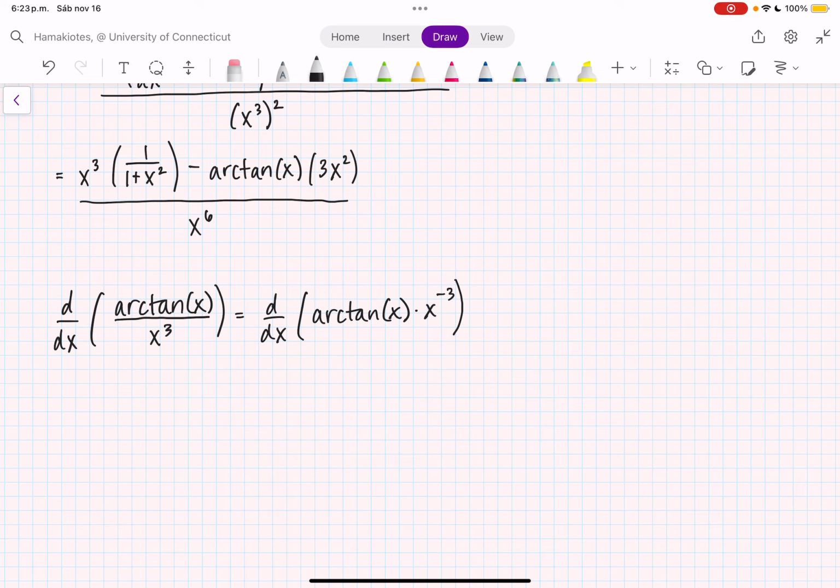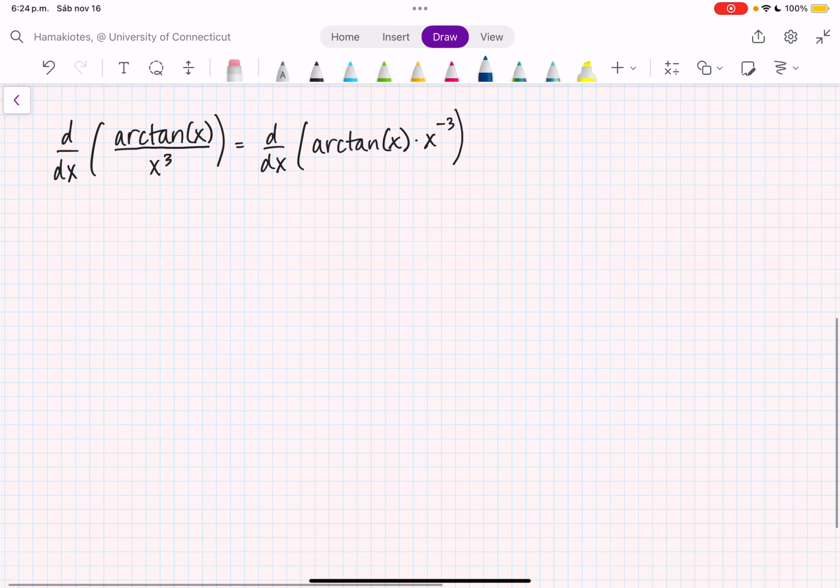Now, if you're doing an exam or something and you feel more comfortable using the product rule, then you can solve the problem using this method. If you feel more comfortable using the quotient rule, then you can use the quotient rule. But as we're about to see, the product rule formula looks a little easier to remember, so you might prefer to do it this way.